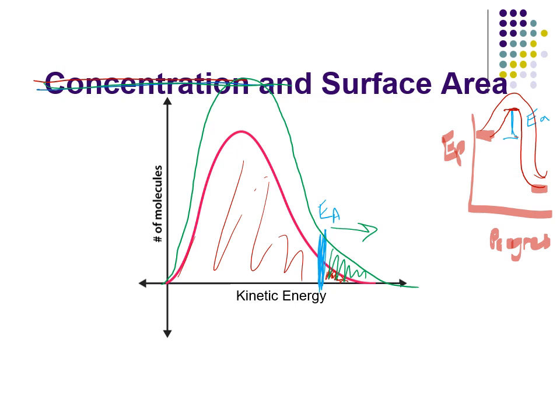So by increasing the concentration, I essentially get a greater amount of particles that have the right amount of energy to overcome the activation energy barrier and complete the reaction. So increasing the concentration, or the surface area, same thing, increases the amount of particles which have the necessary energy to complete the reaction, and therefore the rate of reaction will be faster.